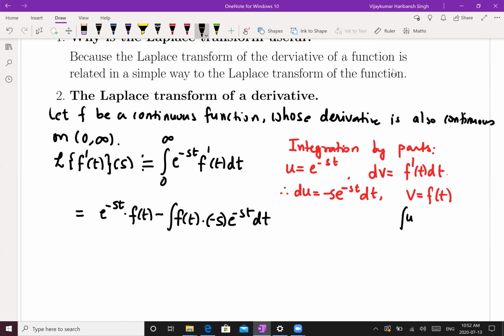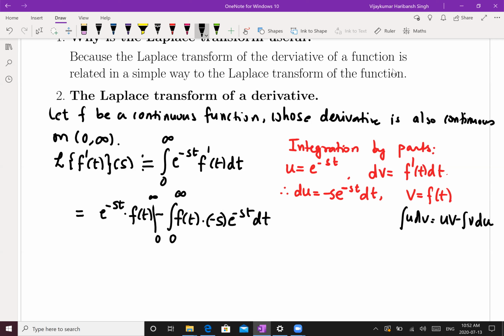We have the integral of u dv is uv minus the integral of v du. All right, and u is chosen in a certain order. All right, so now the limits are 0 to infinity.